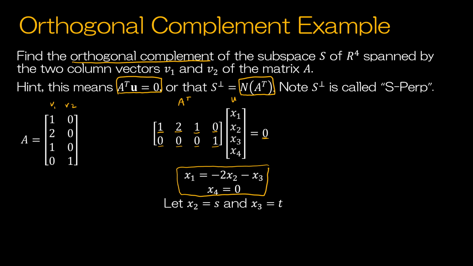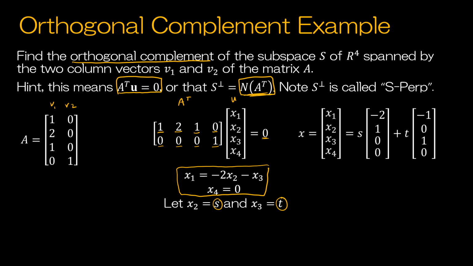So I'm going to let x2 be S and x3 be T. Again, we're talking about the null space, so we're used to finding the null space. I can rewrite this as x is equal to S times (-2, 1, 0, 0), because x2 is equal to itself, and 0 in x4 and 0 in x3, and then T times (-1, 0, 1, 0), where x3 is equal to itself, and x4 does not include anything to do with x3.